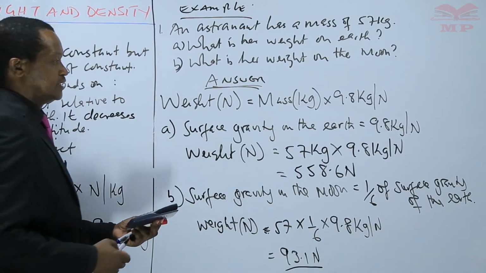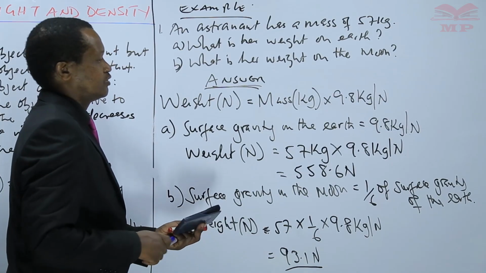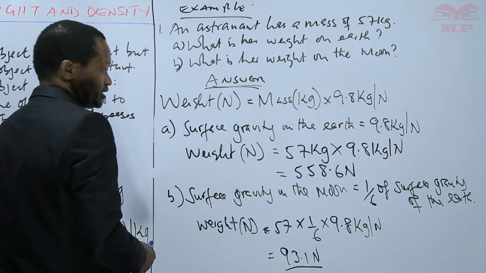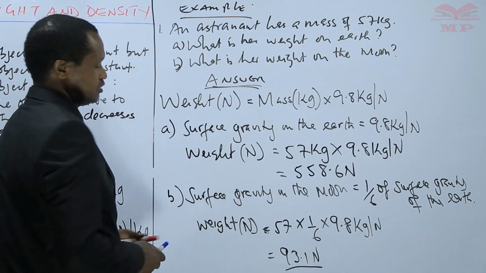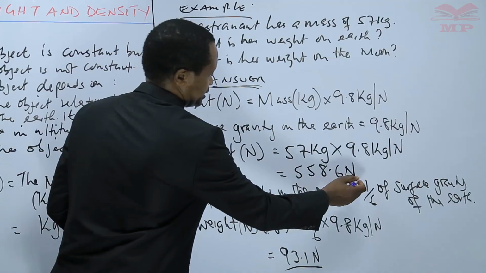You can see the same mass of 57 kilograms weighs differently on the moon and on the earth. It is not the same.